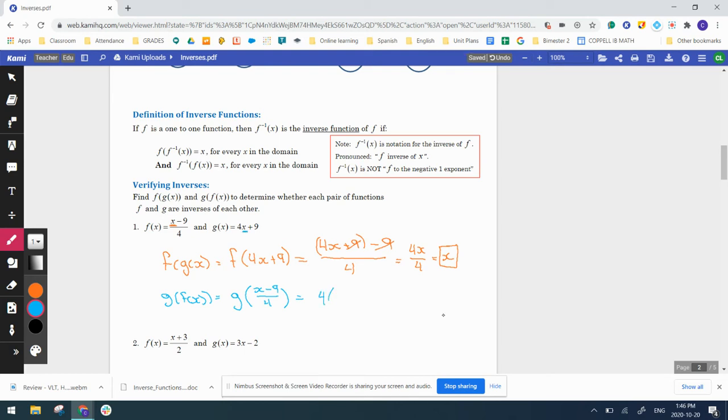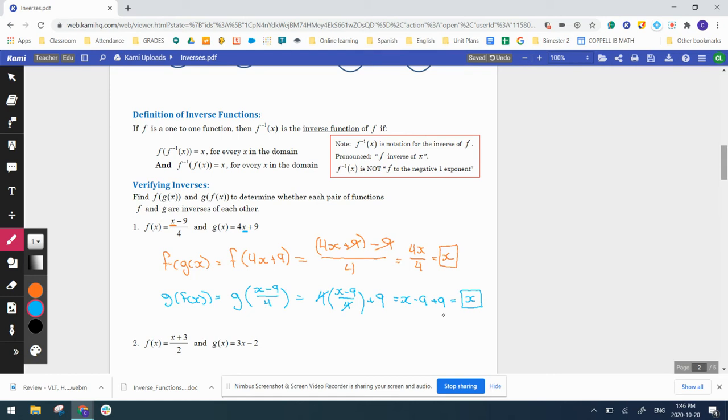So we're going to have 4 times x minus 9 divided by 4, and then we have the plus 9 at the end. So this time, if I'm multiplying by 4 and dividing by 4, we have x minus 9 plus 9 equals just x once again. So these two are in fact inverses of each other.